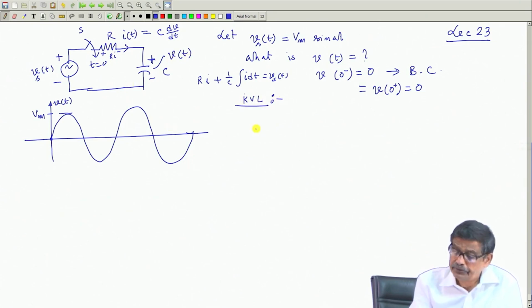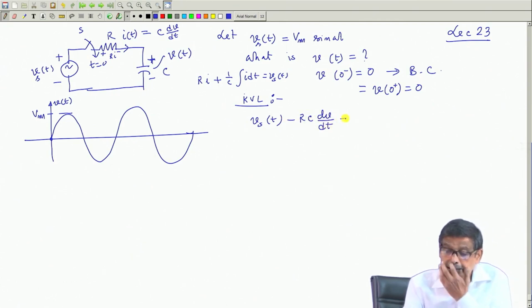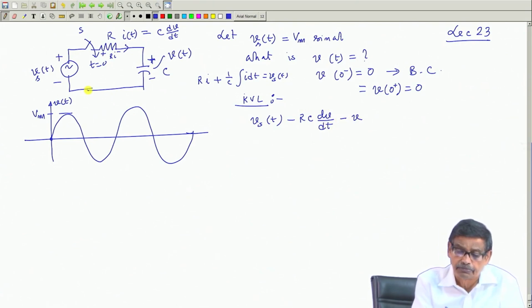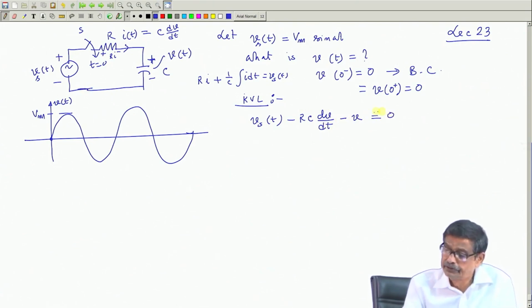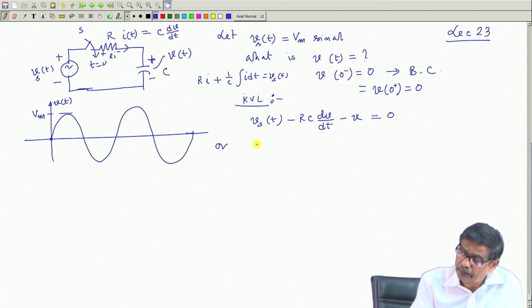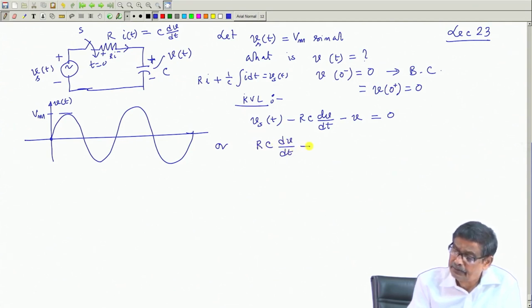In the loop, it will be Vs(t) minus R I, that is minus R C dV/dt, minus V, back to this point, equal to 0. Once this differential equation is written, I will go a bit faster. So, this is V m sin omega t.